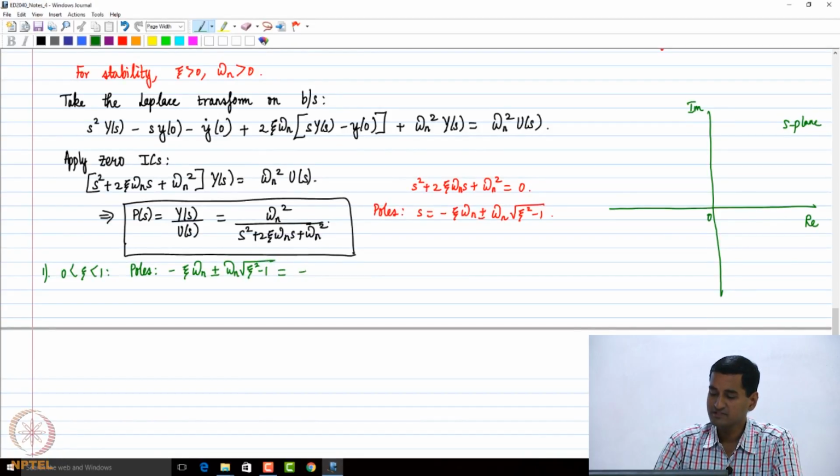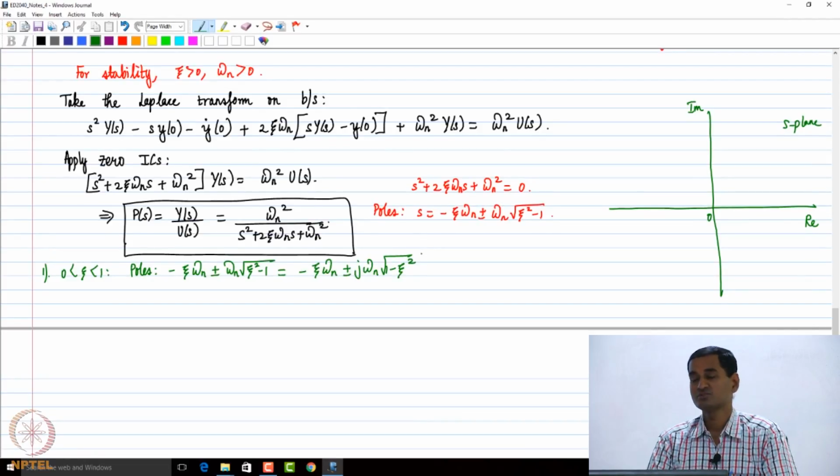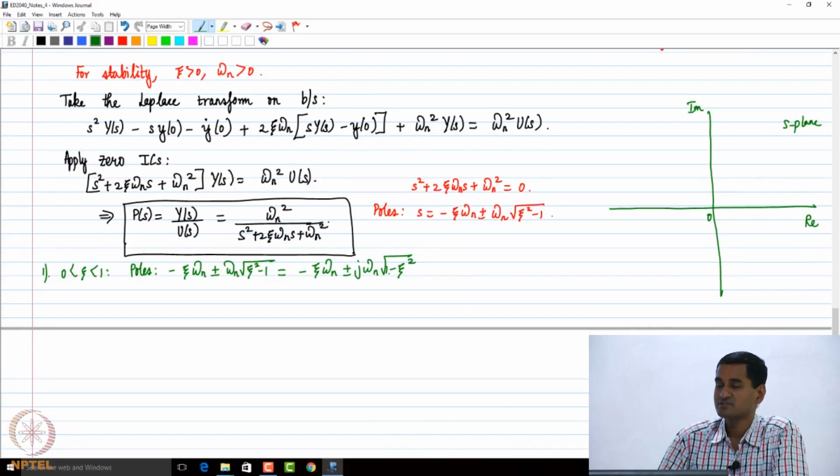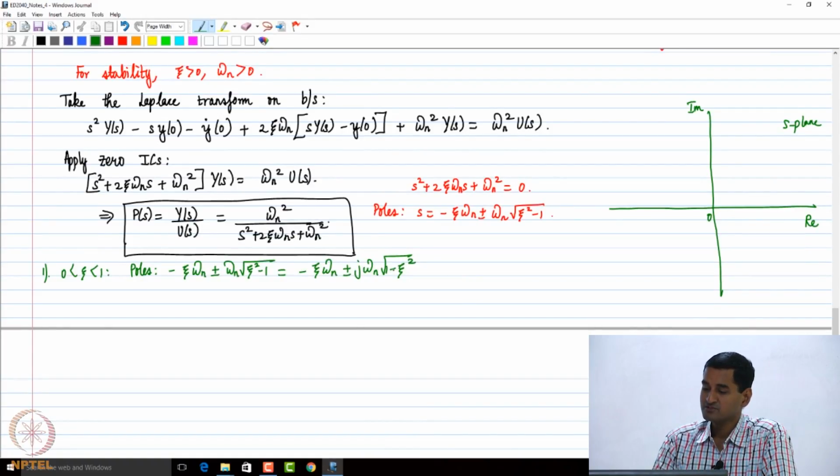So what we do is that we just rewrite this as plus or minus j omega n times square root of 1 minus zeta squared, just to make the fact that the roots are complex conjugate more clear. We just flip the order in the square root and then add a j term, because we are going to get a minus sign in the square root.